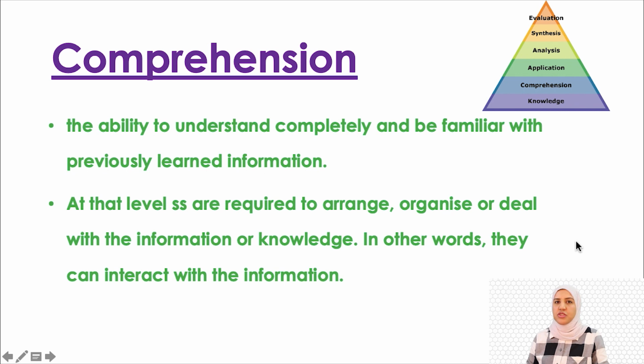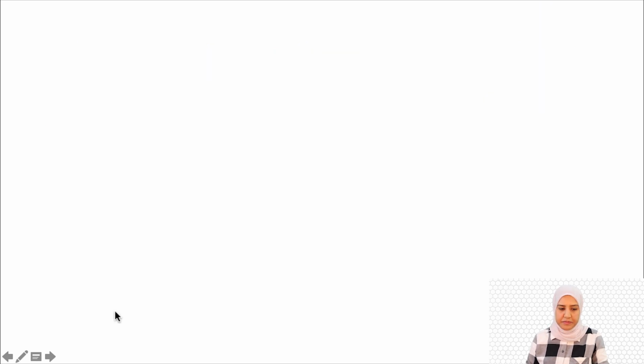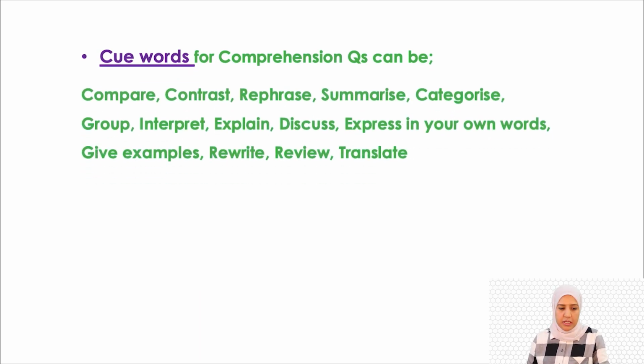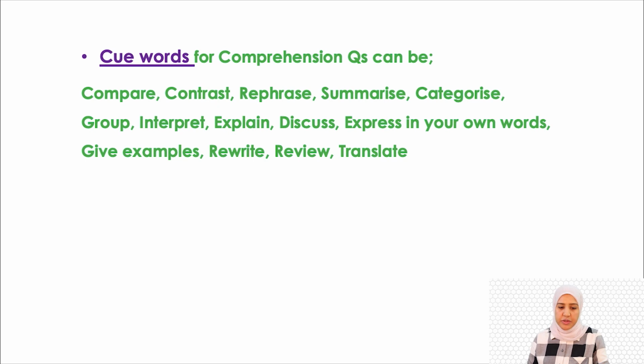They can interact with the information. Okay, so keywords for comprehension questions. Compare, contrast, rephrase, summarize, categorize, group, interpret, explain, discuss, express in your own words, give examples, rewrite, review, translate.